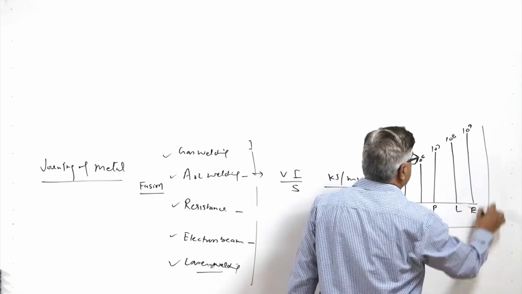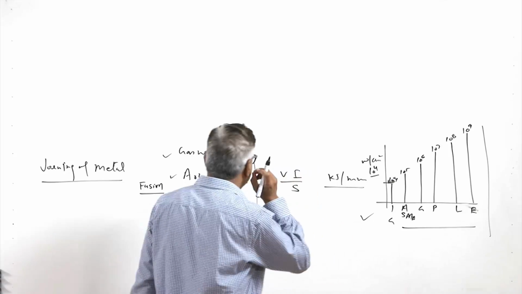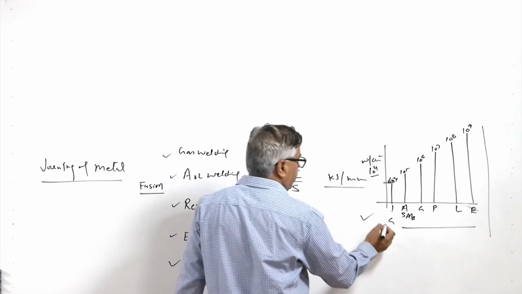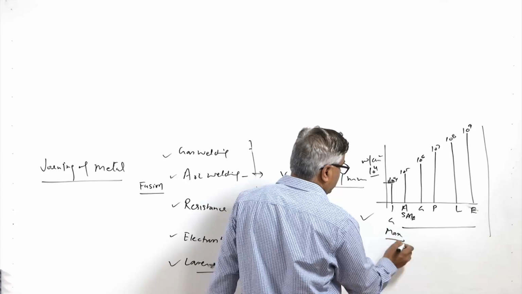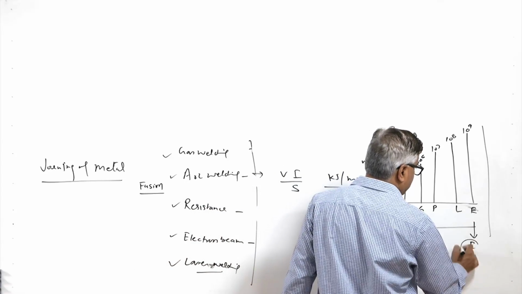So the energy density keeps on increasing, in increasing order in the fusion welding processes. Maximum heat input is there in gas welding, and minimum heat input is there with electron beam welding.